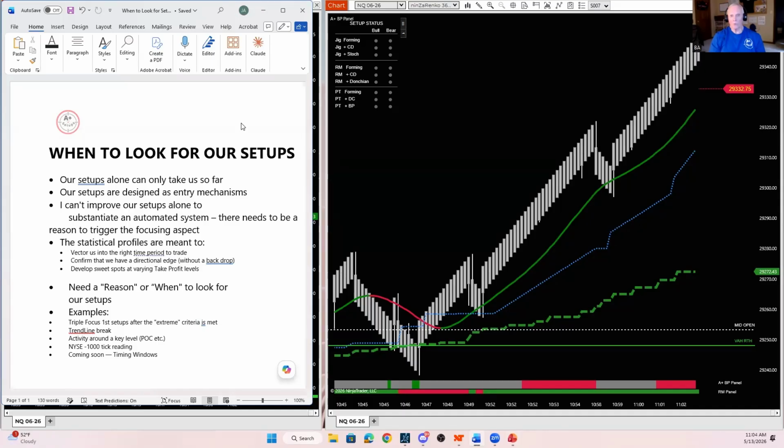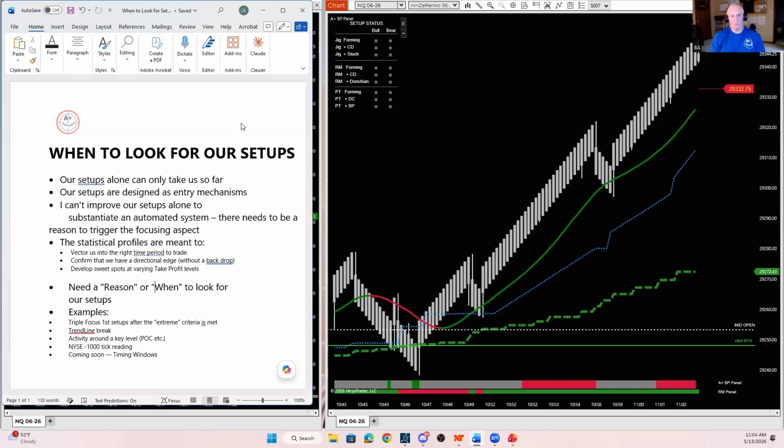Those are all black and white rules built around specific setups that are measured inside the NASDAQ. Now, these setups work across the board in actively traded futures markets and stocks, but I only have enough bandwidth to really focus on one symbol, and that's the NASDAQ.